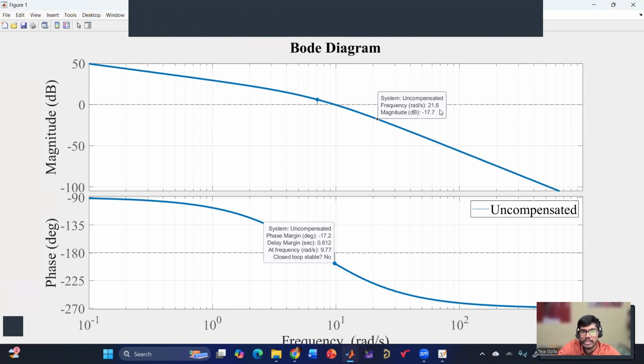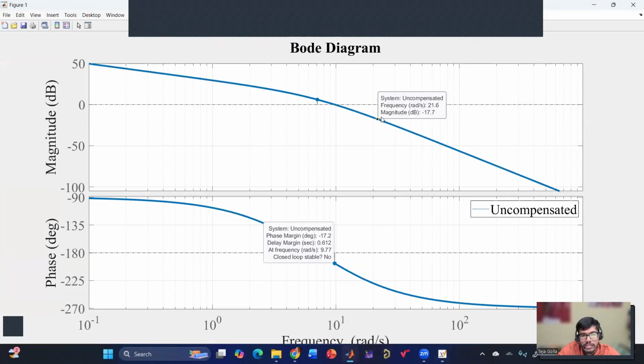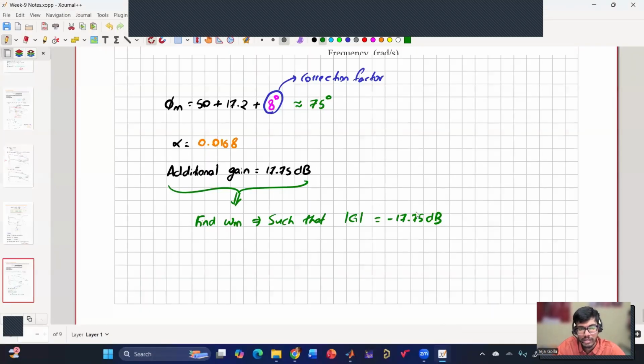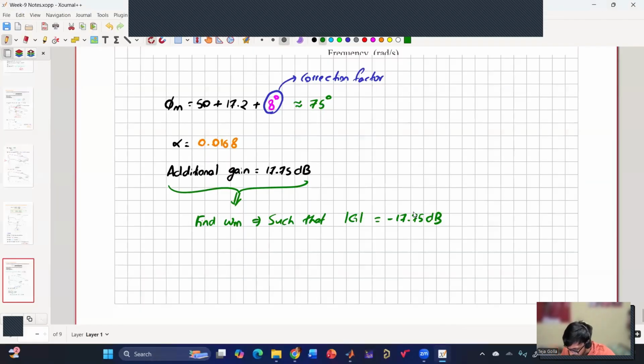So the frequency at which I'm getting minus 17.775, I'll consider minus 17.8 or say minus 17.9. So I've considered minus 17.9. There I'm getting the frequency to be 21.8. So from the Bode plot, I got omega m to be 21.8 radians per second.